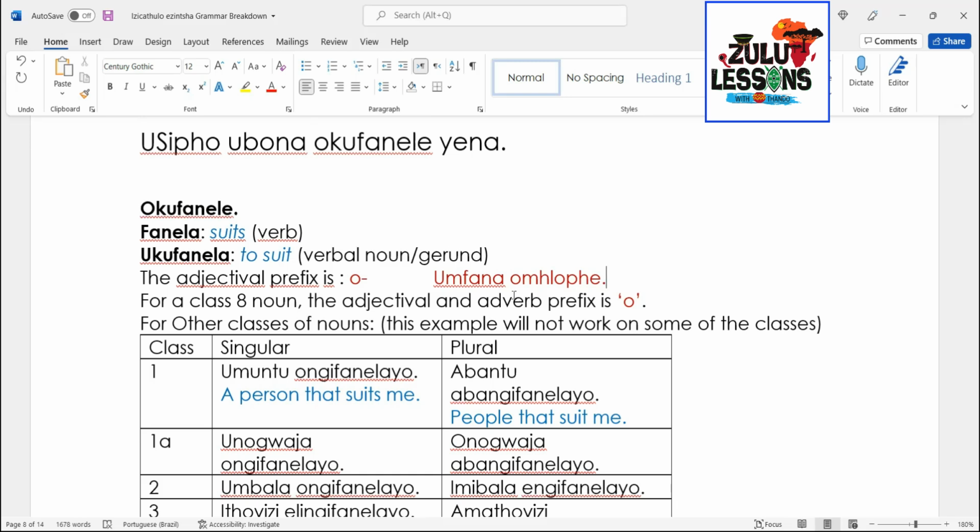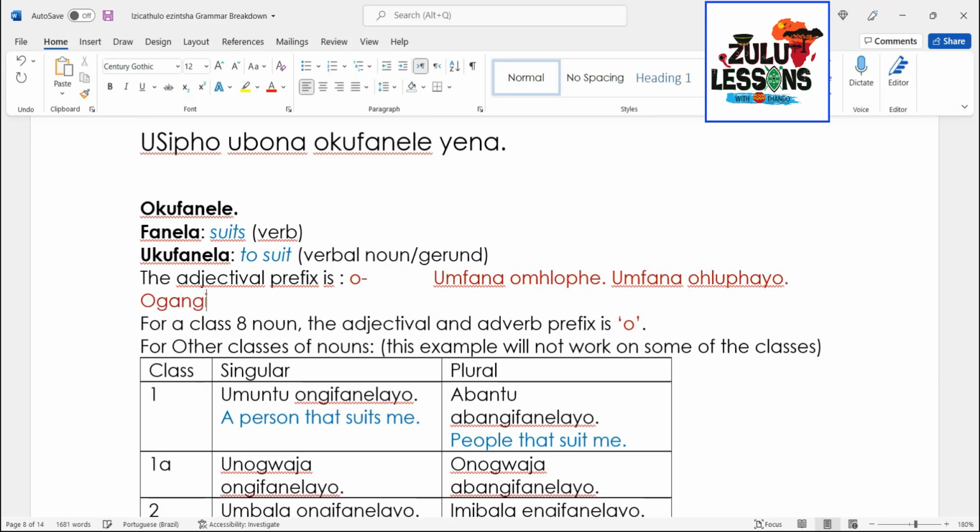So umfana omhlophe. You see, we are describing the boy and we are saying o to talk about him. So if we now want to say a naughty boy, then we would say umfana ohluphayo or ogangile. Umfana ohluphayo, so a troublesome boy.